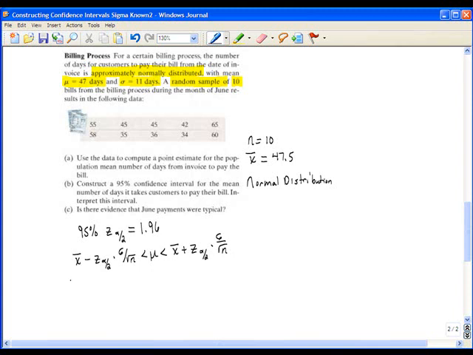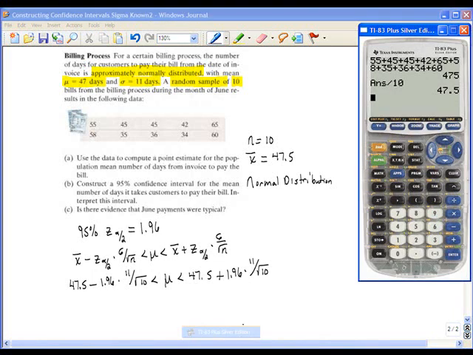Substituting in the given values, I've got 47.5 minus 1.96 times sigma, which was given to be 11, divided by the square root of 10, is less than mu, is less than 47.5 plus 1.96 times 11 divided by the square root of 10.